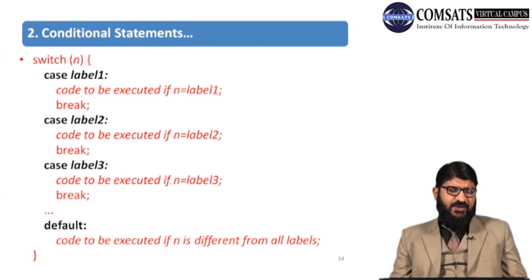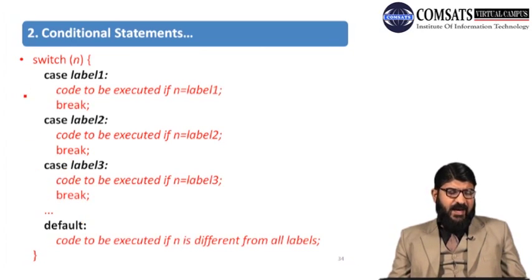So the way of writing switch is you mention switch, here you mention the condition, and then you want the different cases. Now you mention case label 1. The code is executed if n is equal to label 1, and if n equals label 2, then case 2 will be executed, and if n equals label 3, then case 3 will be executed, and in case it doesn't match any of them, the code is executed if n is different from all the labels.